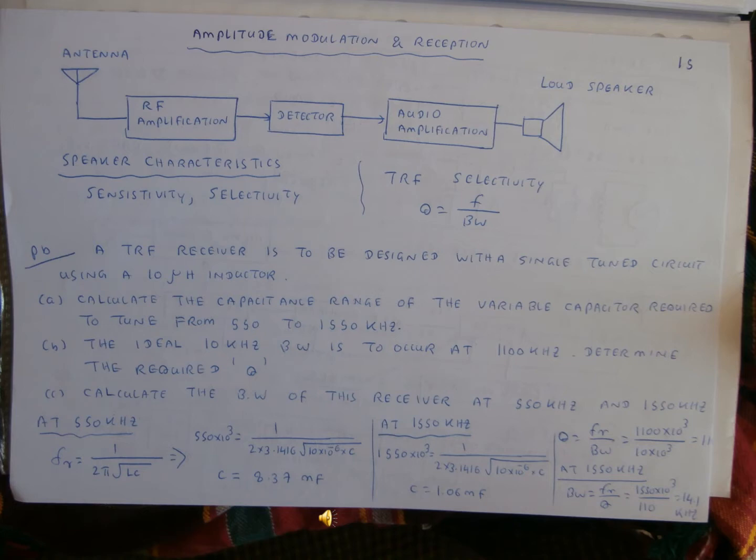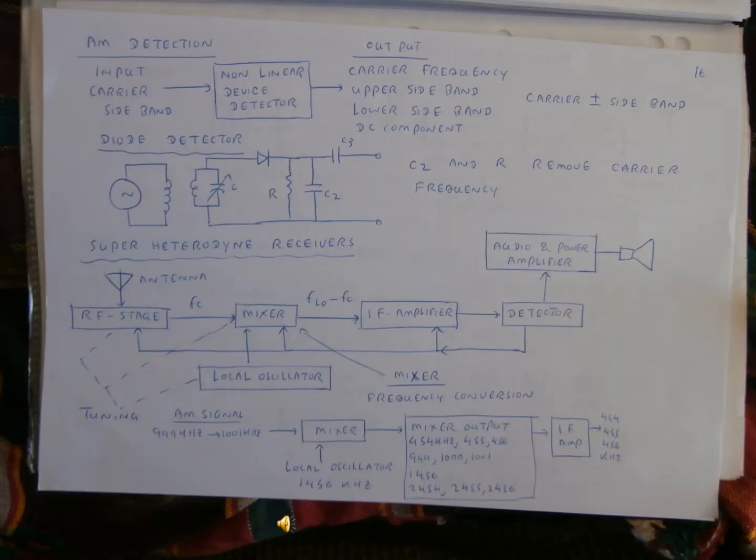Q value is FR divided by bandwidth, 1100 multiplied by 10 power 3 divided by 10 multiplied by 10 power 3, which gives 11. Similarly at 1550 kilohertz, bandwidth equals FR by Q, 1550 multiplied by 10 power 3 divided by 110, which gives 14.1 kilohertz. So we also calculate amplitude AM detection.